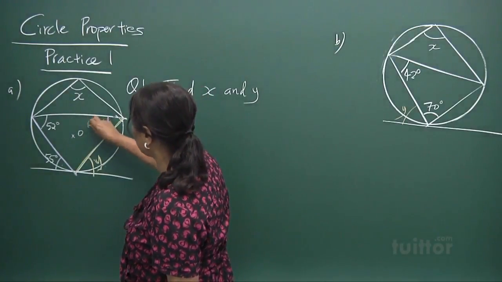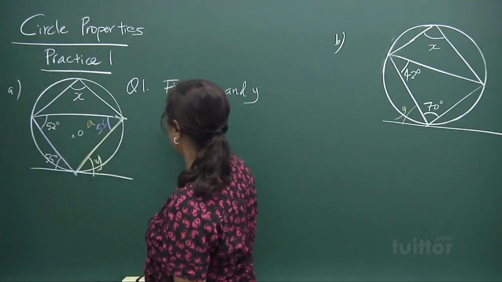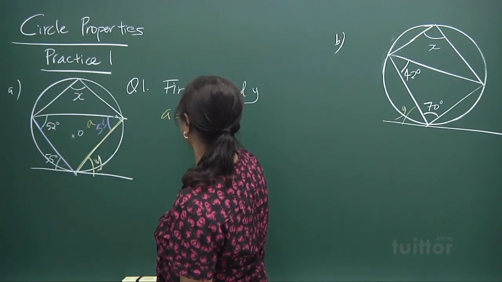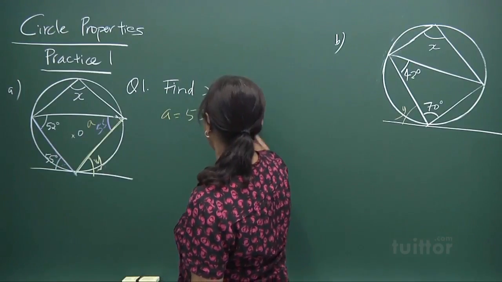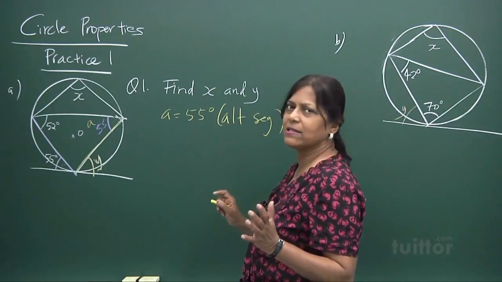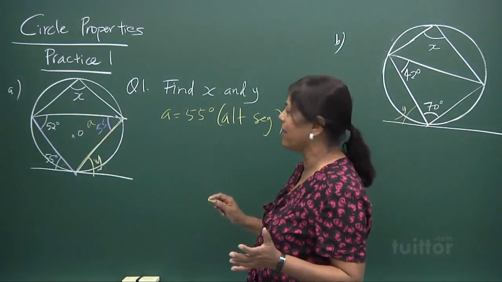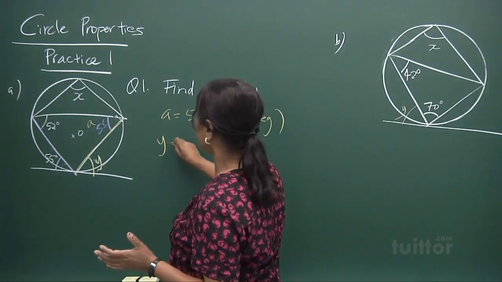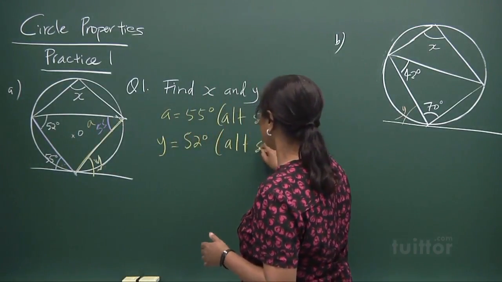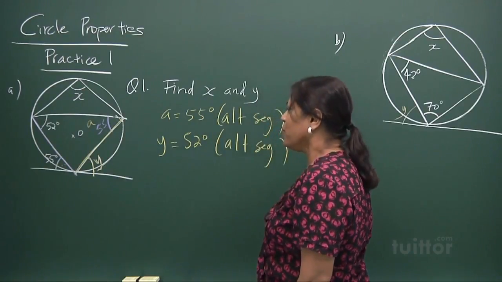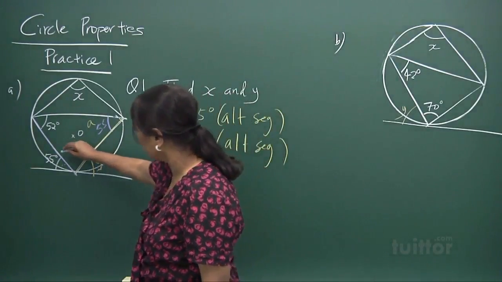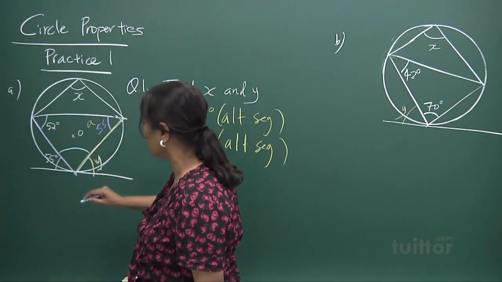When you write it, just give an unknown. Straight away you can find y. Y is equal to 52 degrees. What do you say again? Alternate segment.